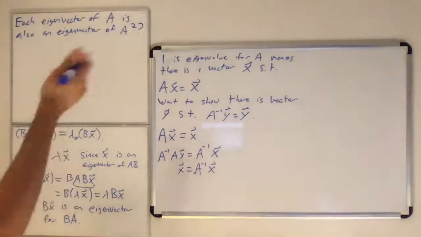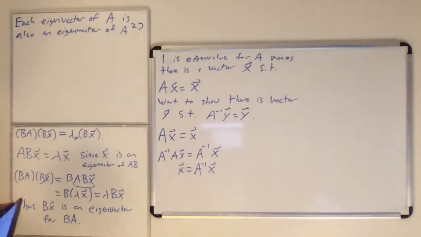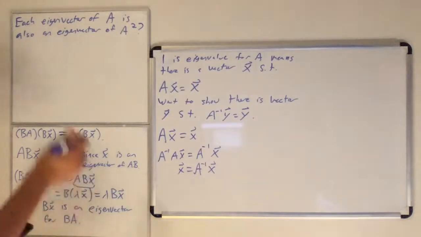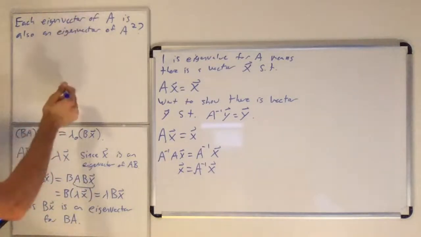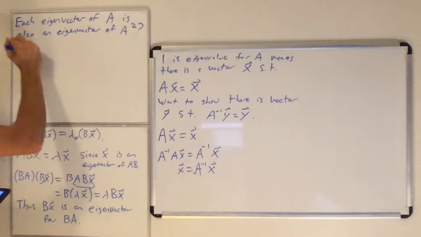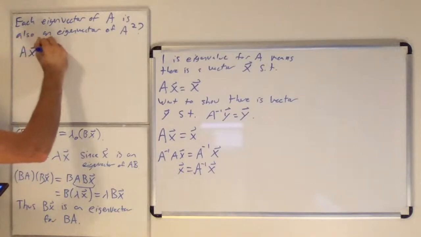All right, so let's see if this is true or false. Each eigenvector of A is also an eigenvector of A squared. Well, if we have an eigenvector of A, that means AX equals lambda x.